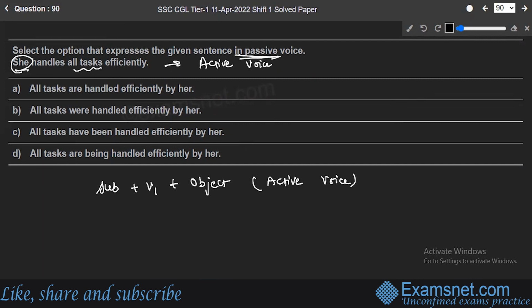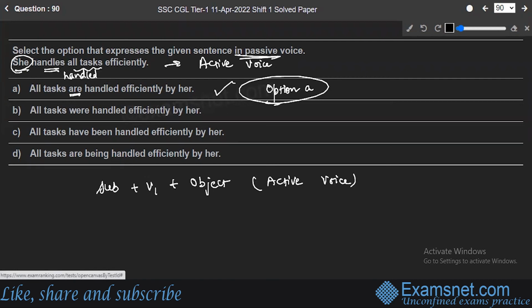And handles will be converted into handled. It will go in the second form. So if I'm doing everything like this, what will it be? All tasks are handled efficiently by her. Option A is the correct answer for this question. Hope you are clear. Then let's move to the next question.